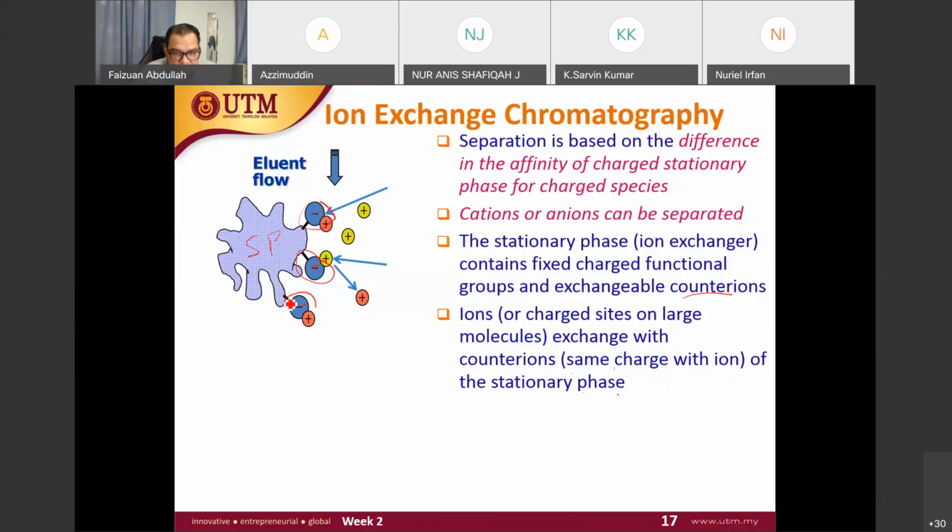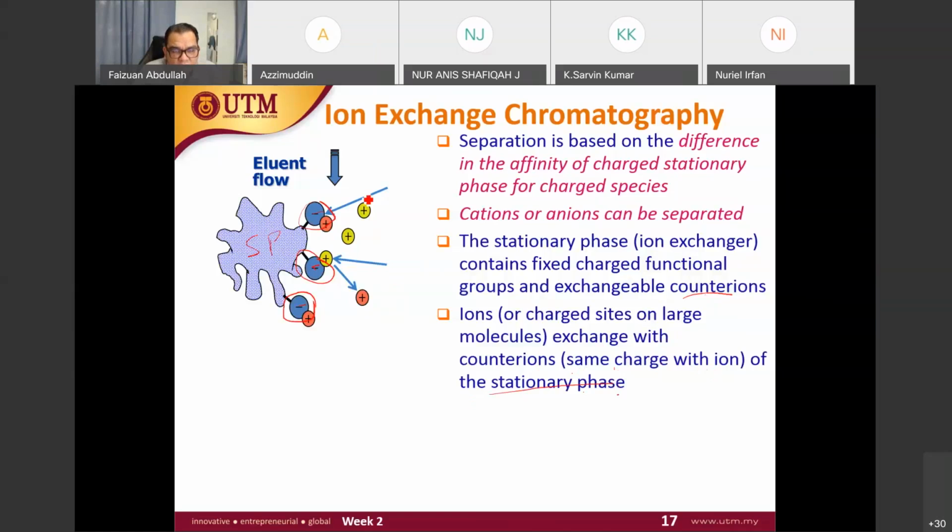And it also has exchangeable counter ions. The ions or charge sites on large molecules exchange with the counter ion with the same charge as the ion of the stationary phase.